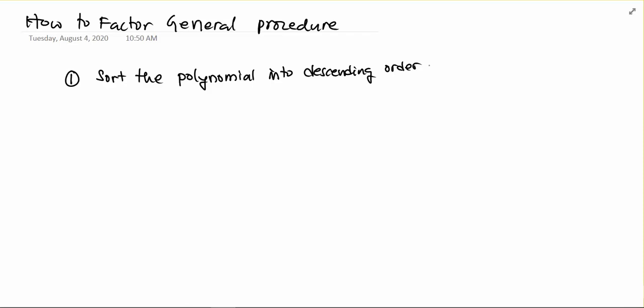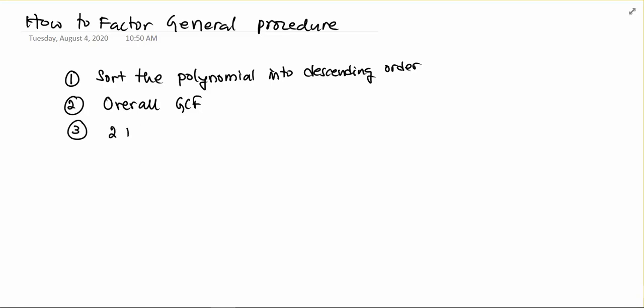Do that first, and then the second thing is you want to look for a GCF, an overall GCF. If it has one, you want to take care of that right up front. What you do next depends.